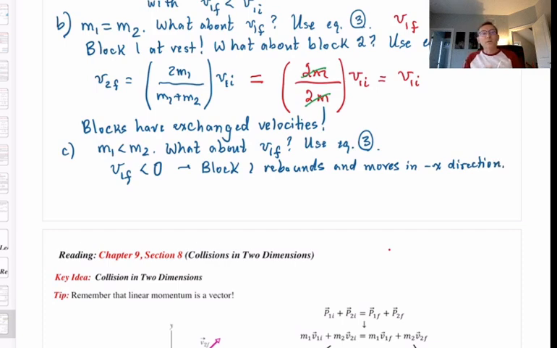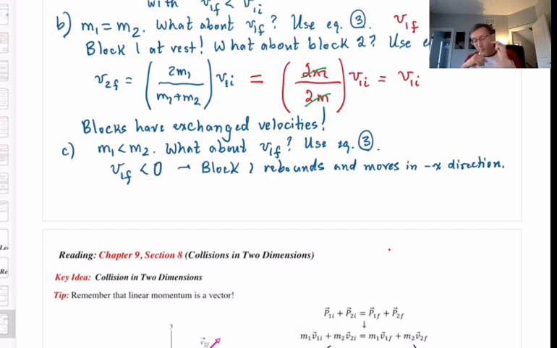Okay? So now, if block 1 has less mass than block 2, block 1 comes in, block 2 is at rest, block 1 bounces back and goes backwards. But block 2 must, by the way, go on in the forward direction. We didn't look at equation 4, but you can convince yourself that's true from equation 4.